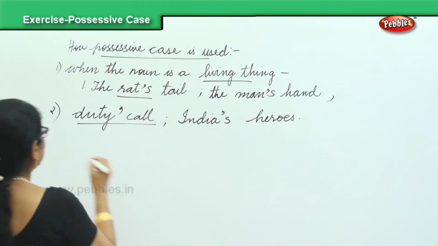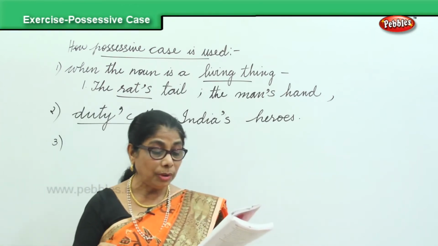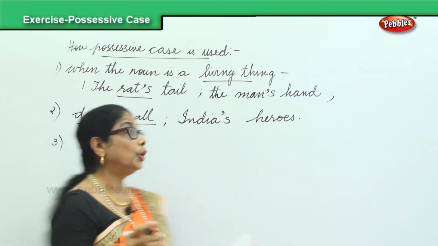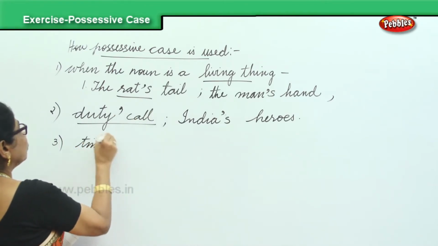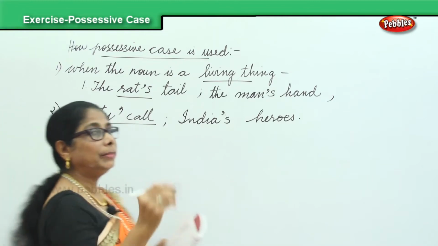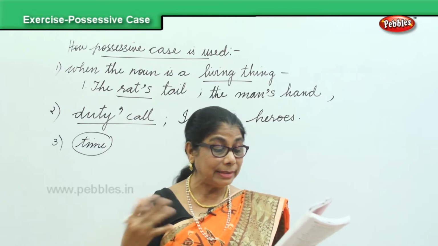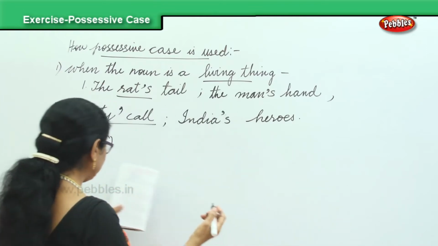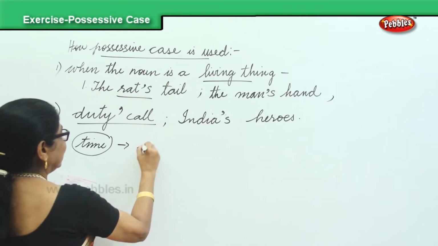In the third case, when a noun denotes time, we are talking about time. When we are talking about time, then the possessive form is different. You'll say, a day's march. Okay, a week's holiday, like a day's.